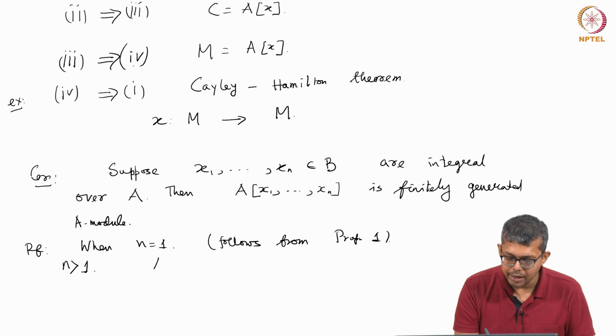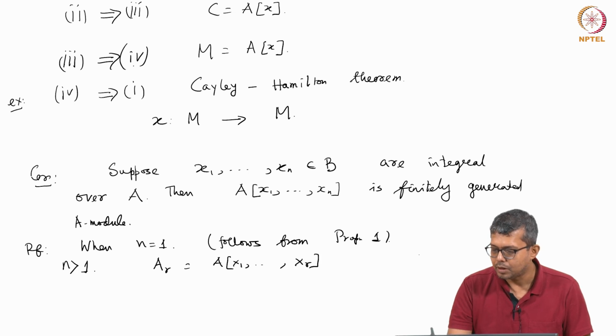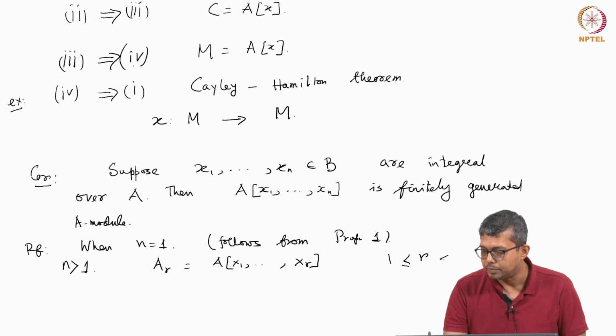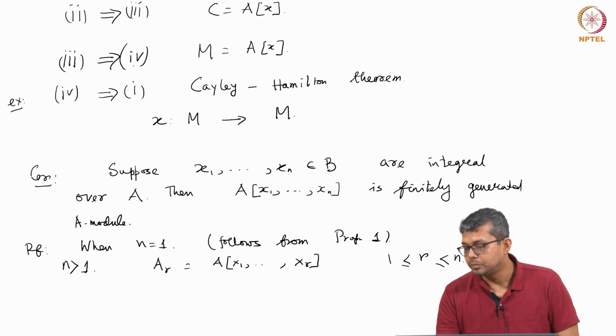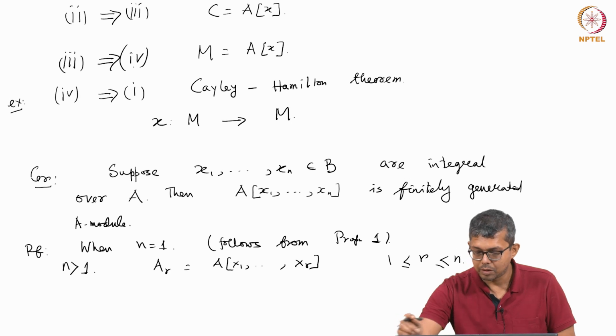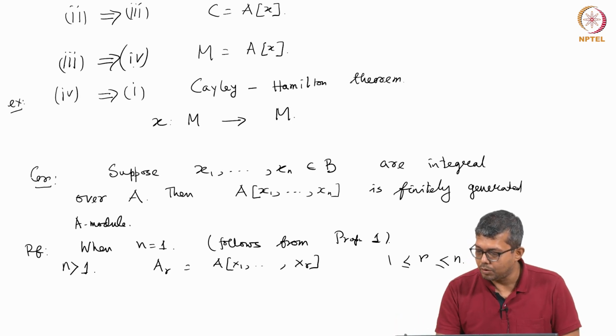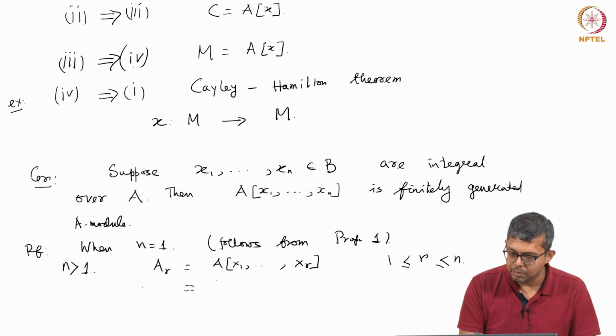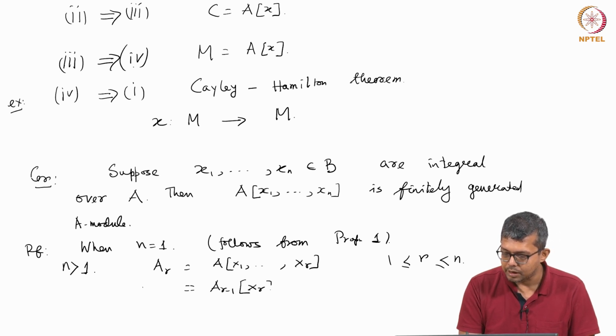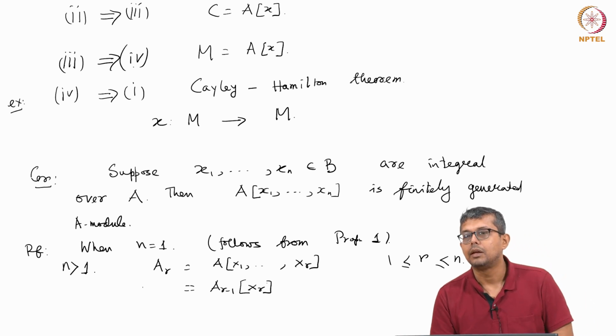Suppose you write A_r as A[x1, ..., x_r], where r goes from 1 to n. Now notice that this is nothing but A_{r-1}[x_r], right.